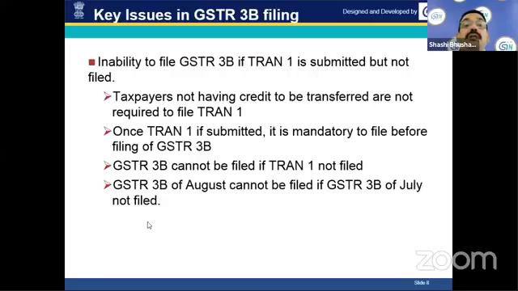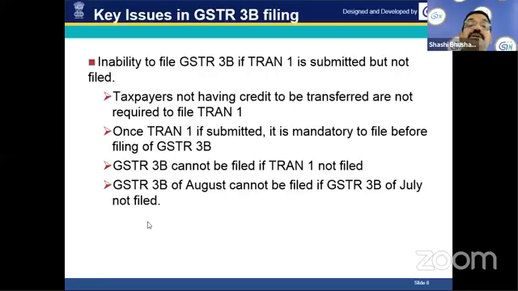Another issue which has been reported is that if people have by mistake submitted wrong figures in their TRAN 1 and are not filing their TRAN 1, then they say they are not able to file their GSTR 3B.